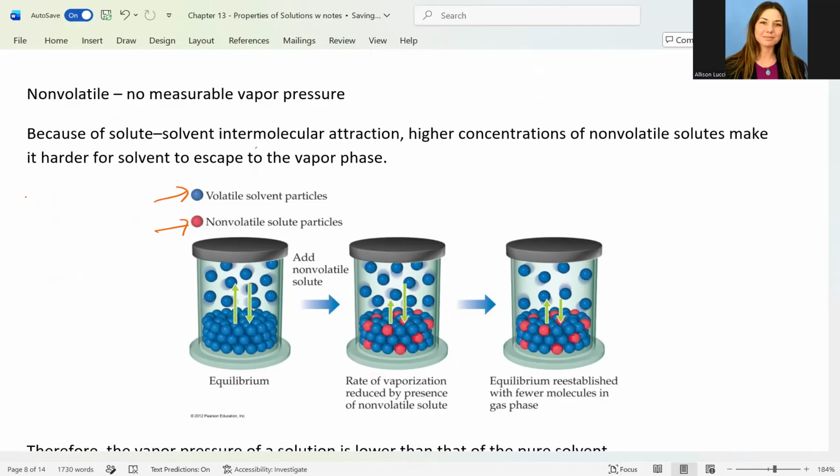So what we see here is that if we have a non-volatile solute added to our solution, it's harder for the solvent to vaporize. So we can actually see a lowering of vapor pressure when we add these non-volatile solutes.